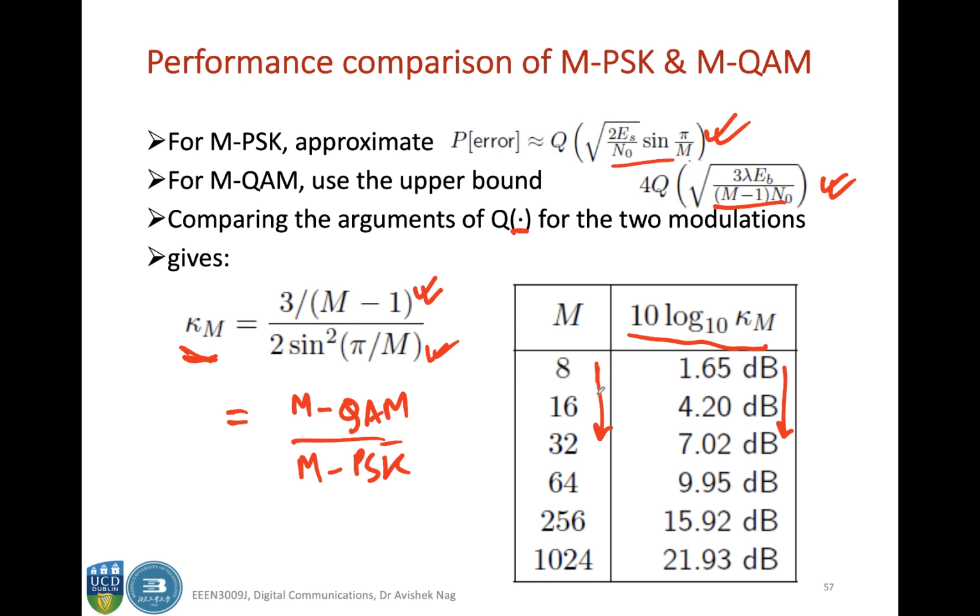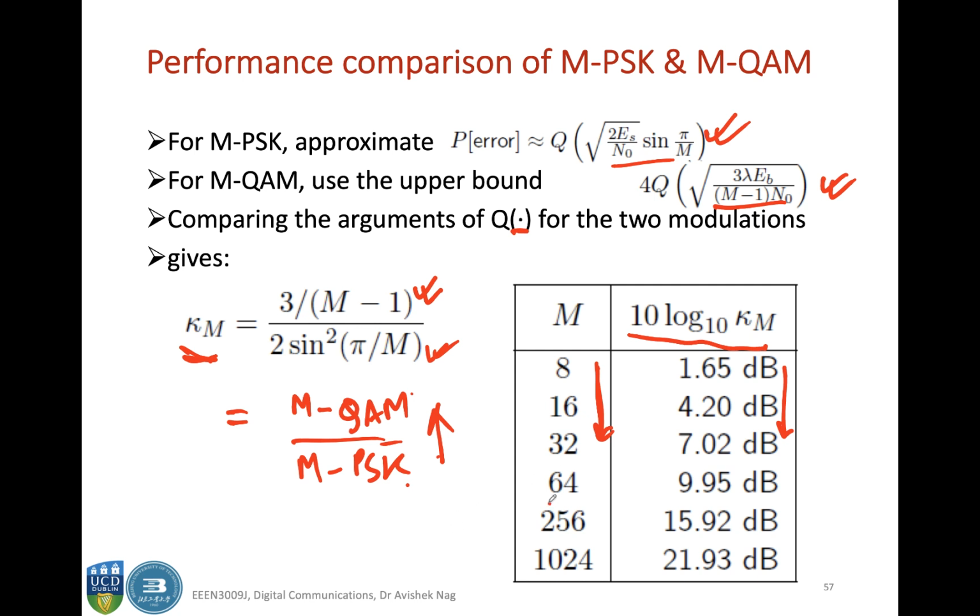As your M increases, this value also increases. So with higher M, the difference between your M-QAM and M-PSK is more pronounced.